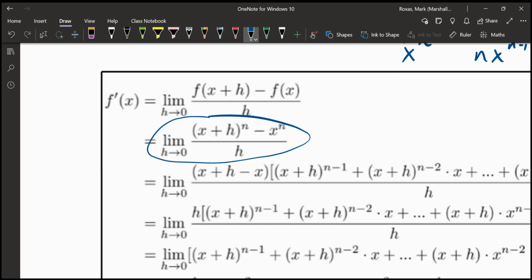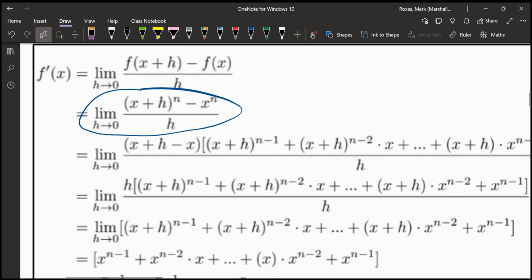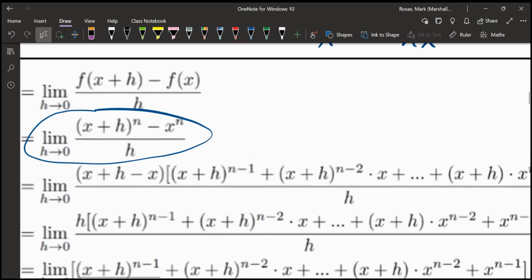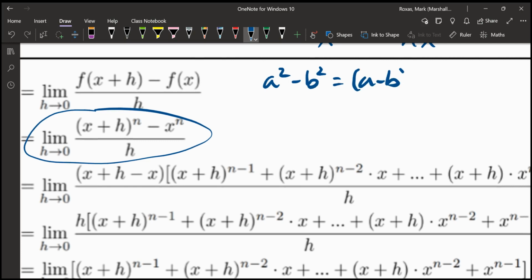Okay, well, a little bit beyond the need to understand this for the scope of this course, but for your understanding, I'll guide you, right? So if you recall things like the difference of squares, right? X squared, let's use a, right? So a squared minus b squared was a minus b times a plus b.